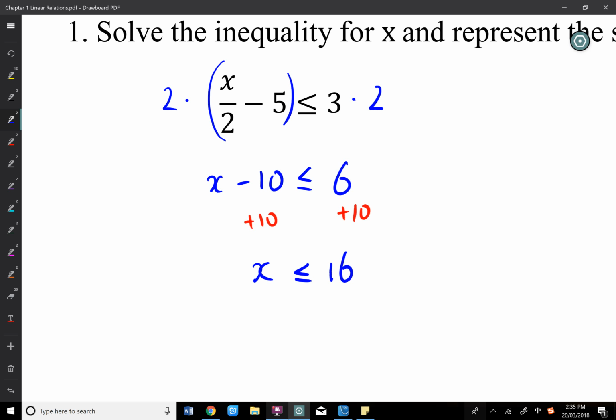Even if I add a negative number, that's alright, it's the same as subtracting a number on both sides. The inequality sign will still remain the same. But we need to be careful when we're trying to times or divide by something.